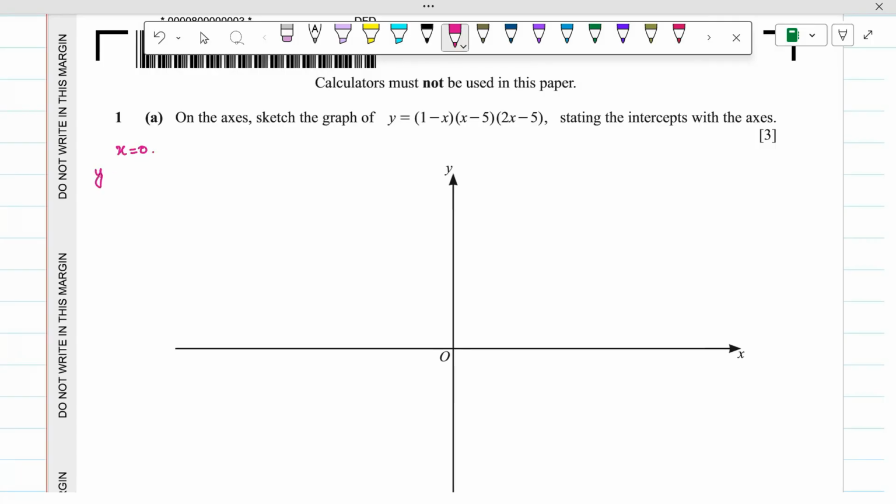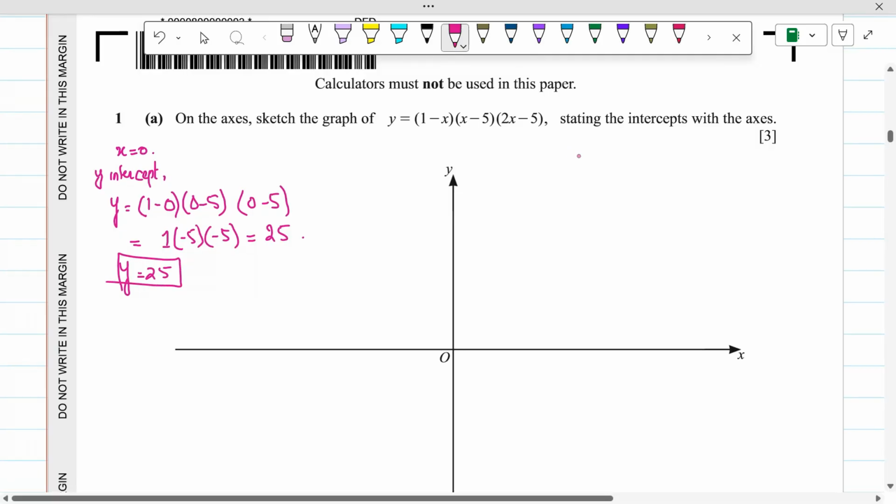So y equals (1 minus 0)(0 minus 5)(2 times 0 minus 5), which is 1 times negative 5 times negative 5, which equals 25. So the y-intercept is 25.